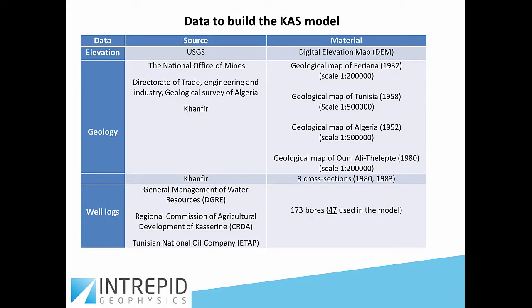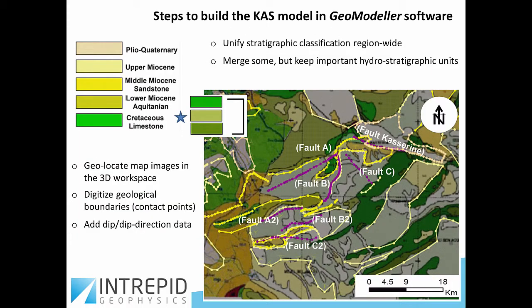Data available to build the CAS model are summarized in these tables, comprising digital elevation map, geological maps of varying vintages, 3 cross-sections in a published study, and 173 bores. Steps to build the CAS model in GeoModeller software are shown in this slide. Firstly, unification of stratigraphic classification region-wide is importantly performed.